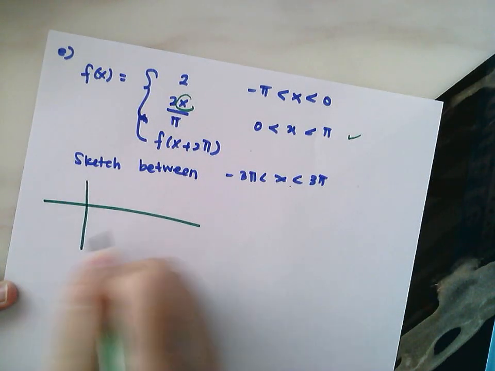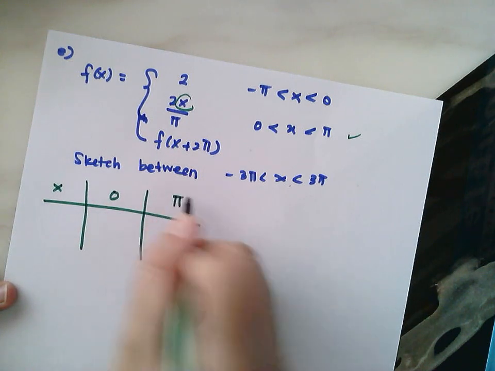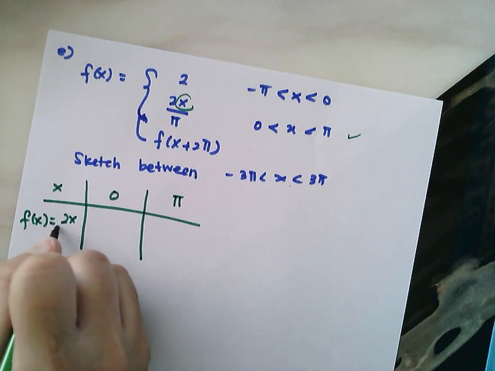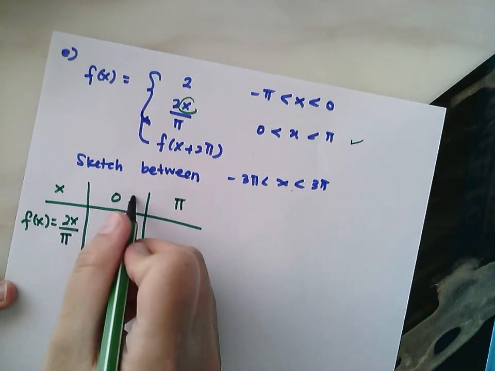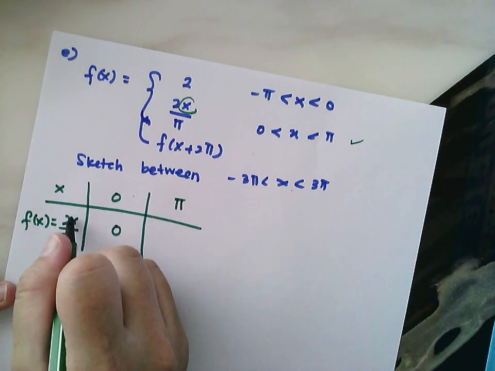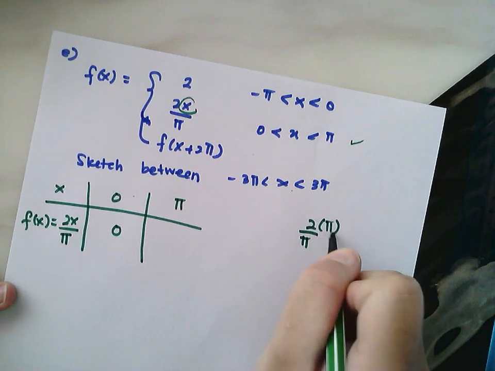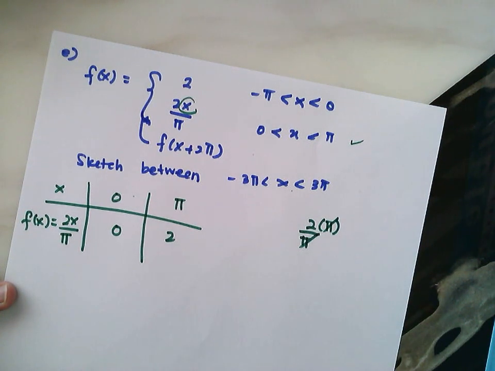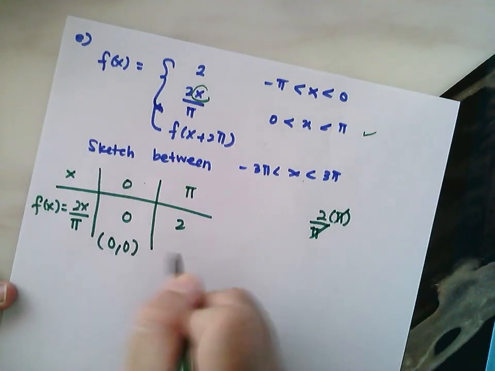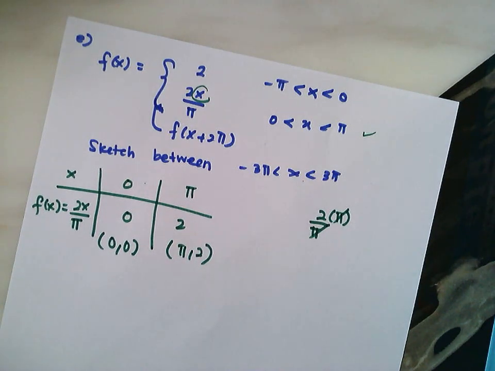So you will have to consider x equals 0 and x equals pi, and f(x) equals 2x over pi. When x equals 0, you will have 0, and when x equals pi, 2 over pi multiplied by pi, you will have 2. So therefore you will have the coordinates (0, 0) and (pi, 2).